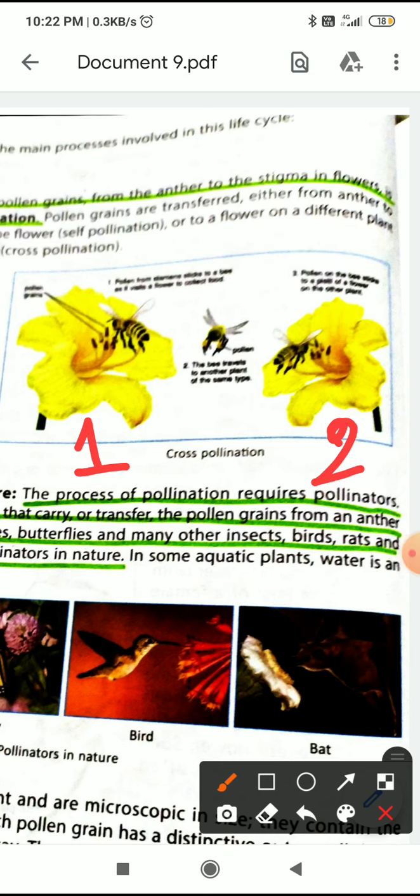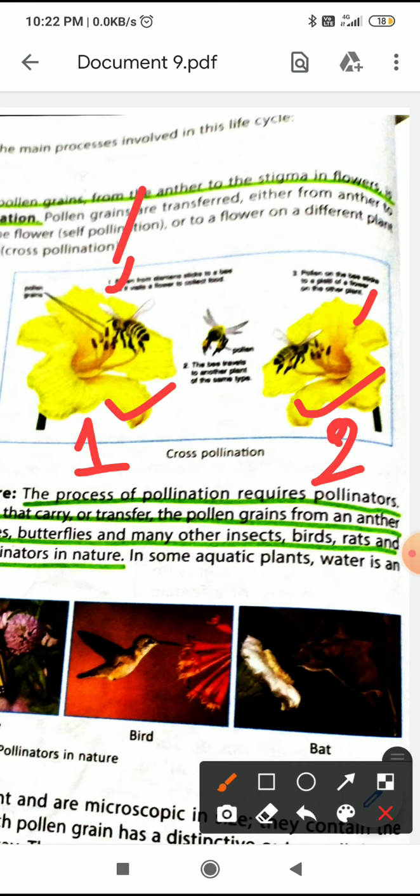Then what is the difference? Two different flowers are here, but the species are the same. It means if this is China rose, then this flower is also China rose, because this picture resembles the China rose.